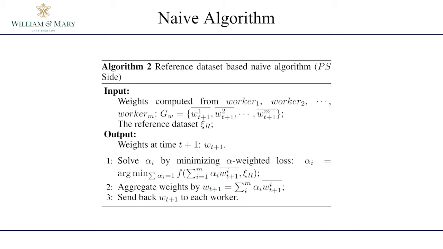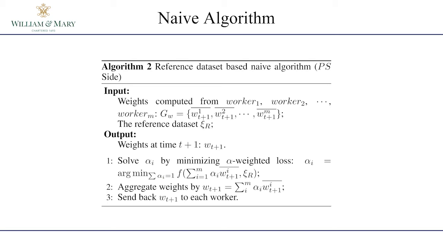This naive algorithm works because if we think of the ideal case when the reference dataset is exactly the whole dataset, in each step, the ideal scenario is that we can delete all the attack updating information and only use the honest updating information for the aggregation.